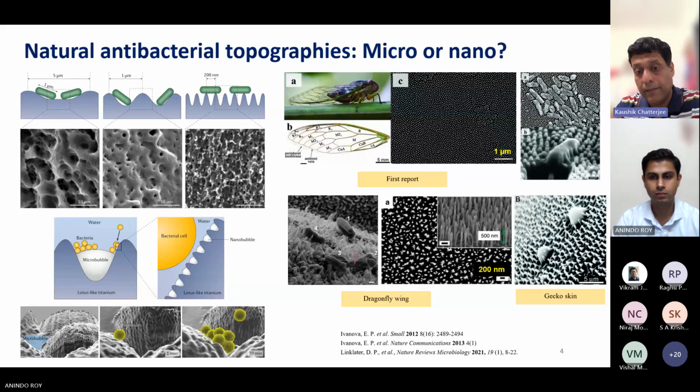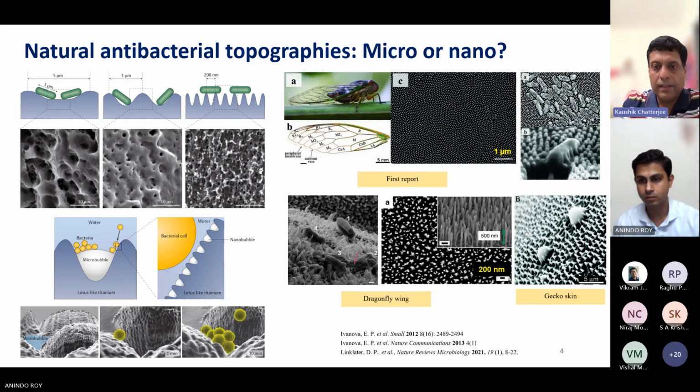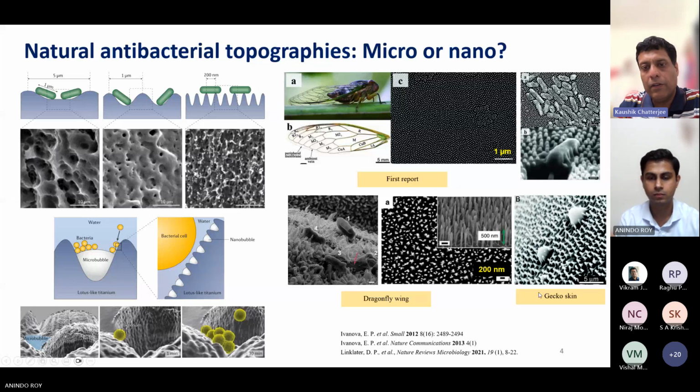And since then, there have been studies where people have found very high aspect ratio structures on dragonfly. And also, on the bottom right, there's a gecko skin. So many of these have these nanoscale features. There are subtle differences in terms of their aspect ratios and also how they're ordered.